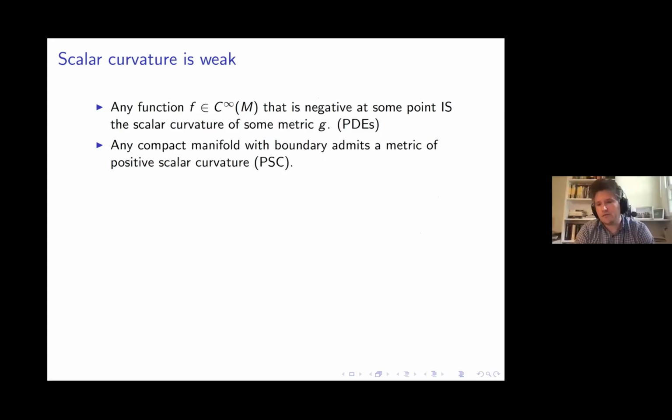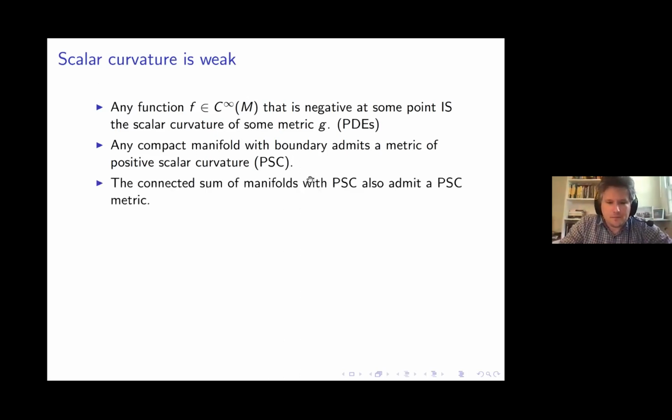If you use the first part, you can actually prove that any manifold with boundary also admits a metric with positive scalar curvature. You just double the manifold and you pick a function that is just a little negative in one of the halves and positive on the other half of the double, and that would give you the desired metric.